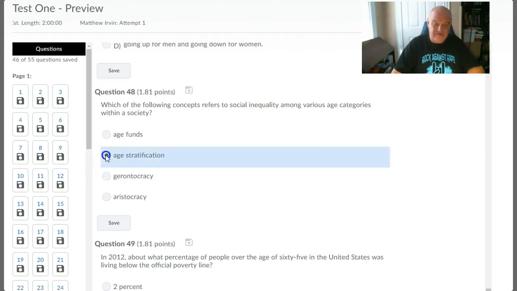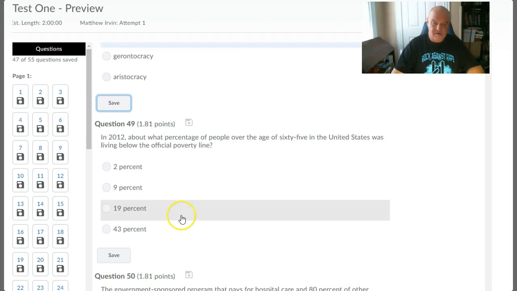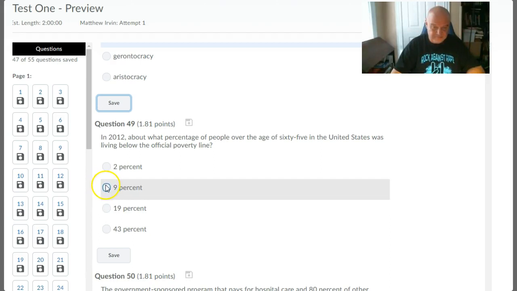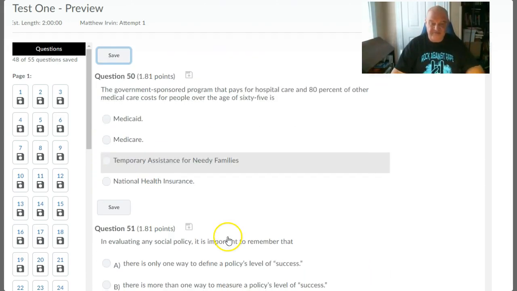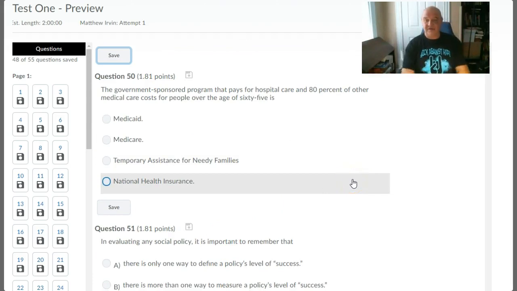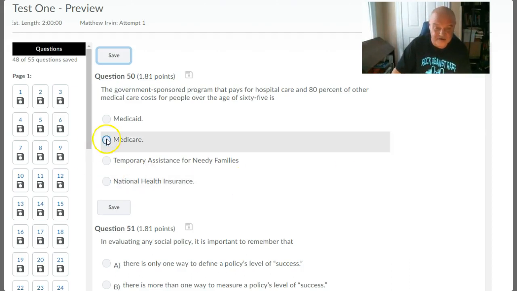That would be age stratification. In 2012, question 49, about what percentage of people over the age of 65 in the United States were living below the official poverty line? It's 9%. Question 50, the government-sponsored programs that pay for hospital care and 80% of other medical costs are called Medicare.